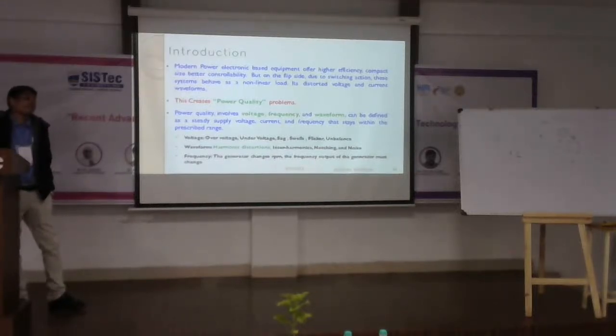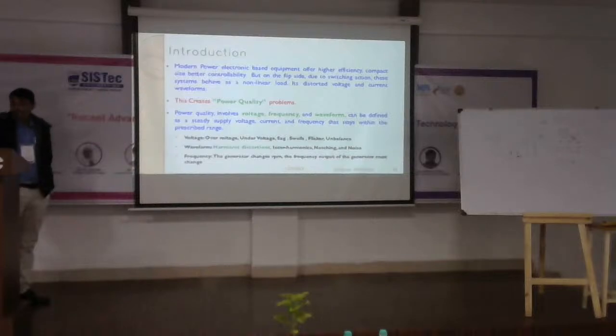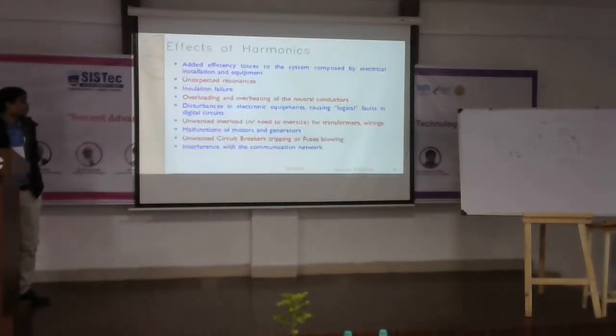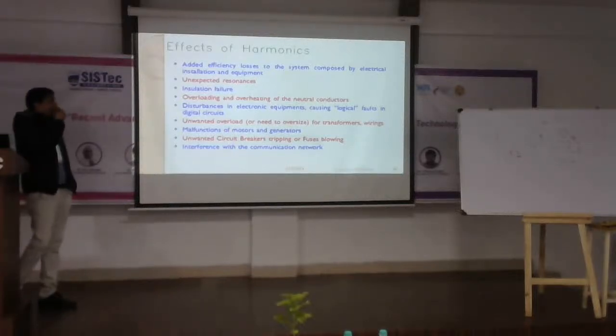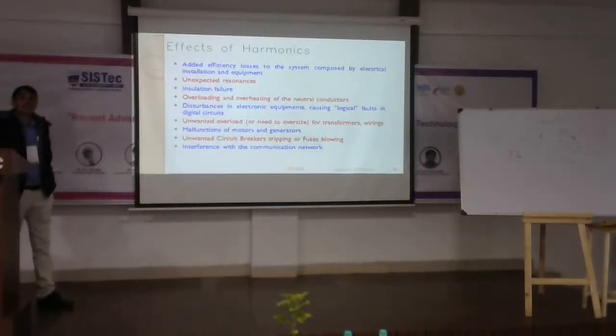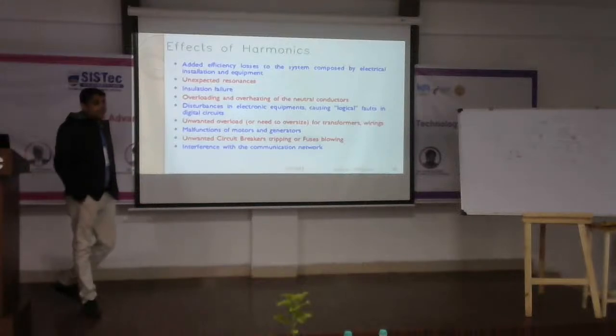What will happen when harmonics come into the system? Added efficiency losses to the system composed of electrical installation and equipment, and unexpected resonance will be there. It means malfunctioning will be there.